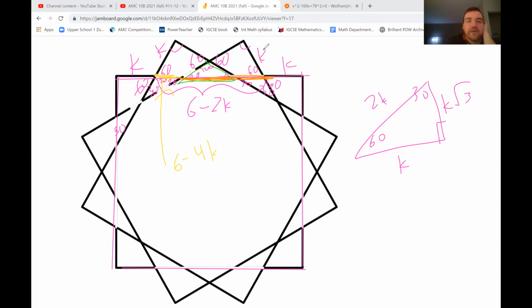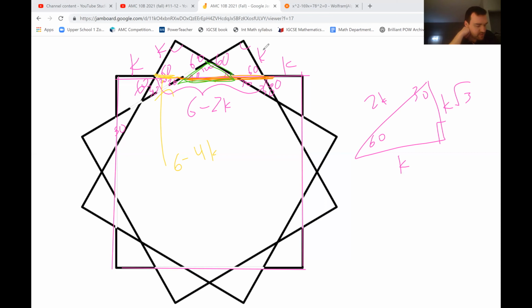So now what if we look at this triangle here, right? So what do we know? Sorry, I just need a second to look at my notes.